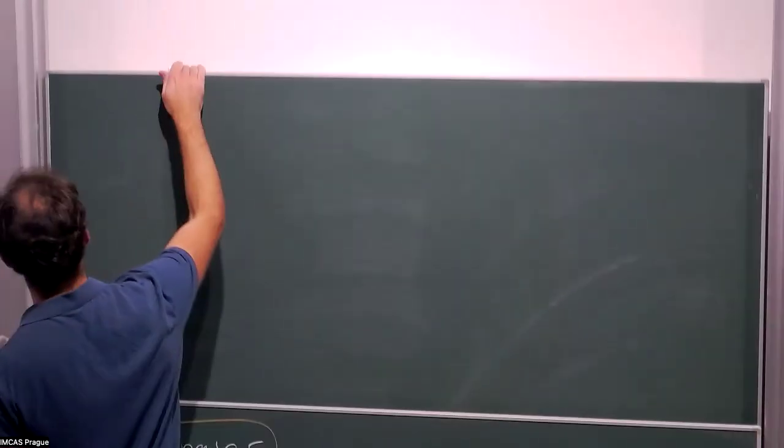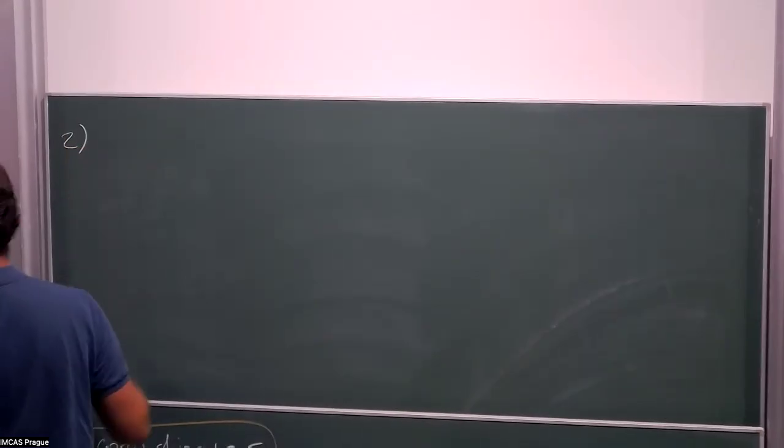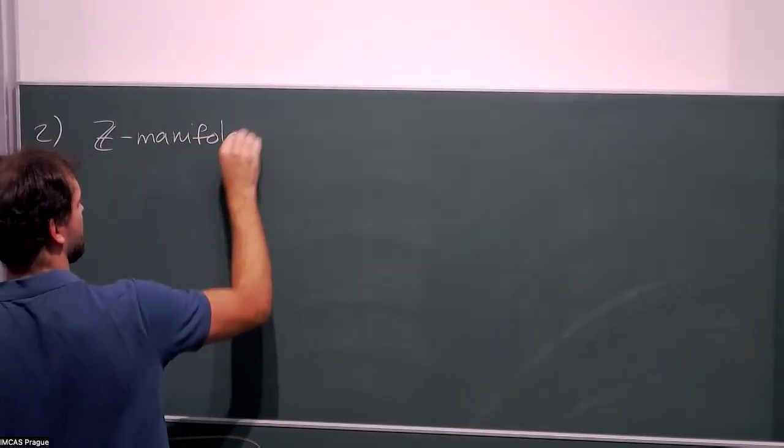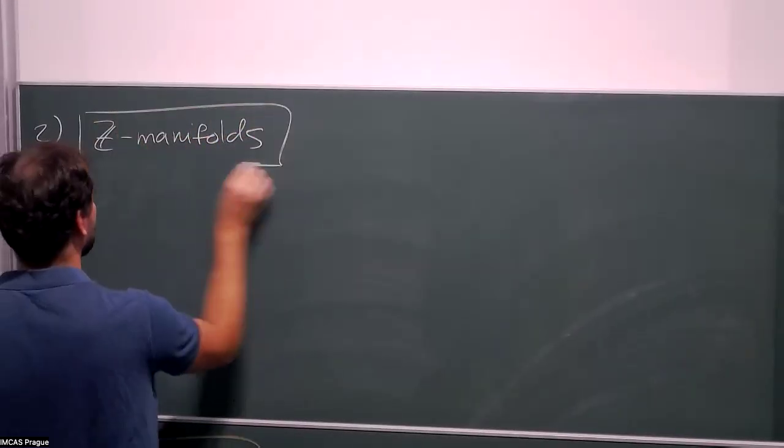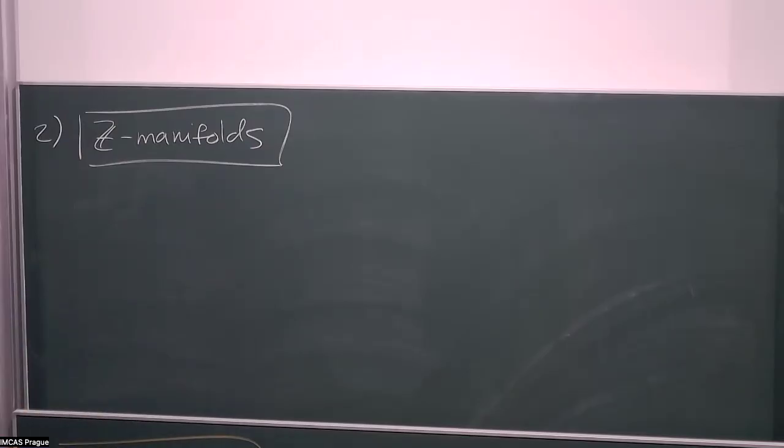So now, the other grading I wanted to introduce, I'm going to call them Z manifolds. Right now, the grading here referred to the functions being even or odd. There's a Z2 grading.